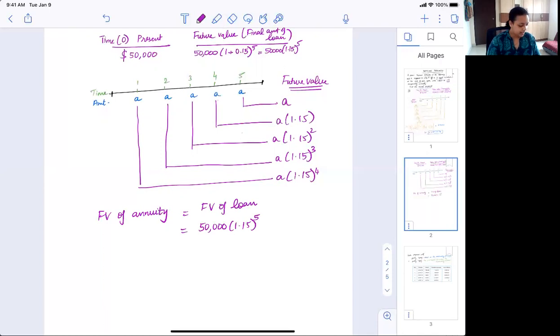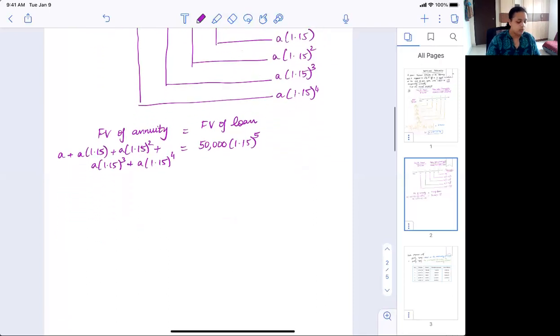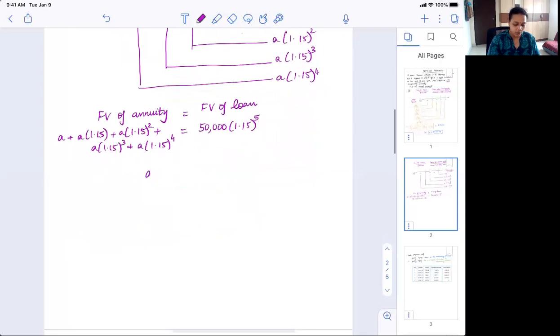So if I sum up and write my future value of annuity, which is just A plus A times 1.15 plus A times 1.15 squared plus A times 1.15 cube plus... That's just my future value of the annuity. And that's going to be equal to the future value of the loan. And that's another way to find A. And this A should also be ending up equal to 14,915.78.